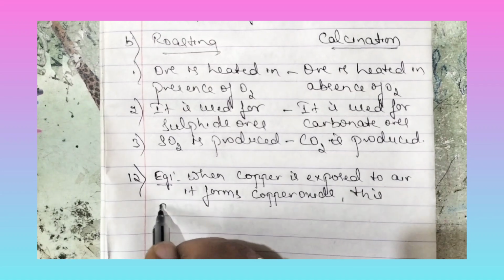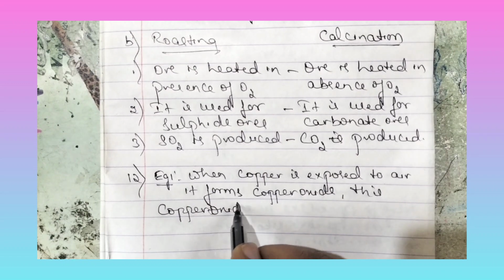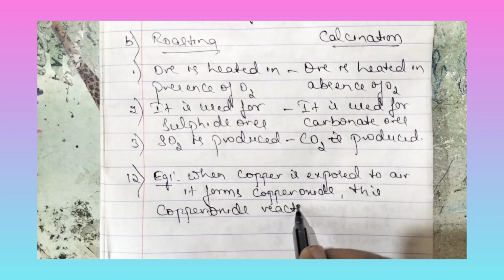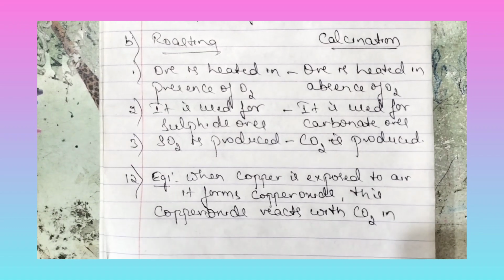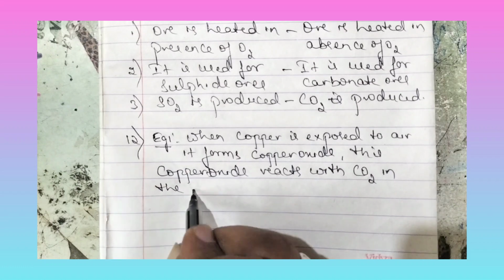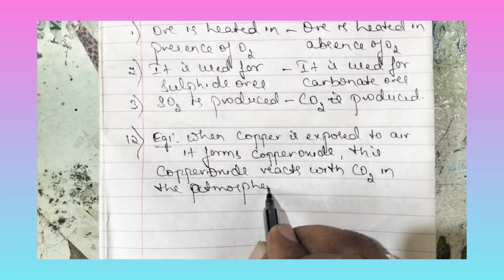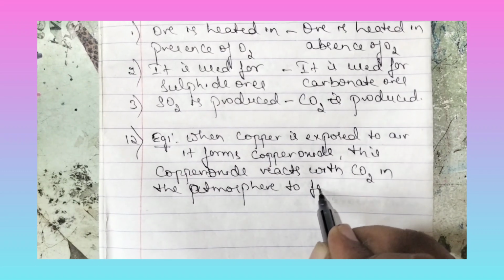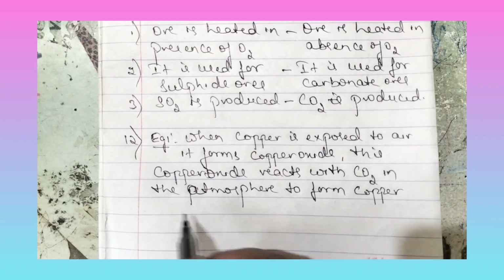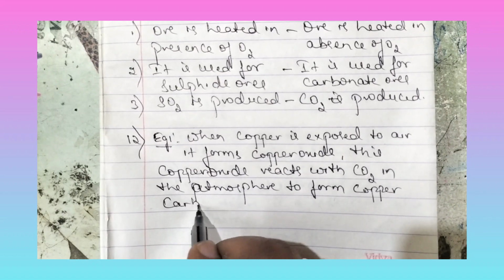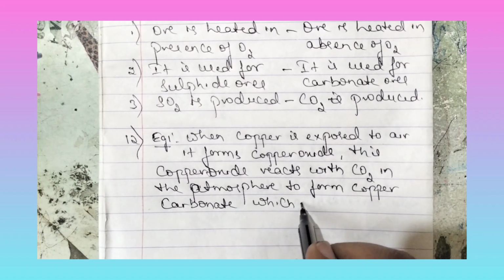This copper oxide reacts with carbon dioxide in the atmosphere to form copper carbonate, which is a green patch.